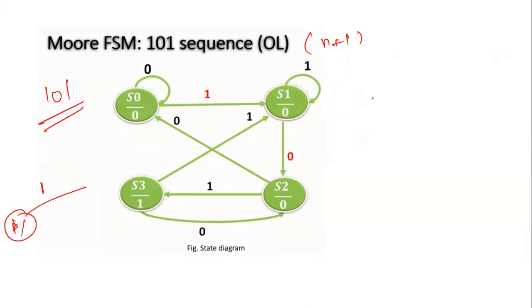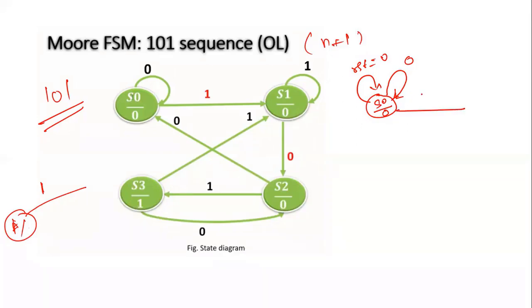So let's start from the first. It is in the initial state, right? If reset is there, then it is going to come up with state 0. One more thing, if people give 0, then also it is going to stay in the same state by giving the output as 0.